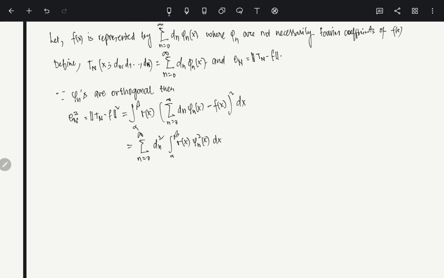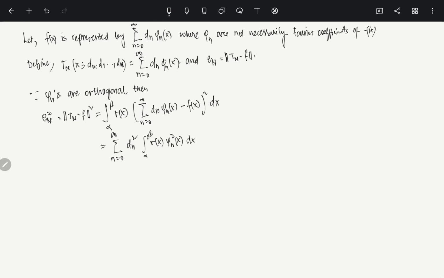The last term is plus the integral from alpha to beta of r of x f squared of x dx. And the middle term, the 2ab term, is minus 2 times the summation of dn times the integral from alpha to beta of r of x phi n of x f of x dx.